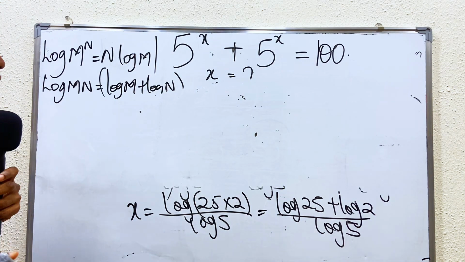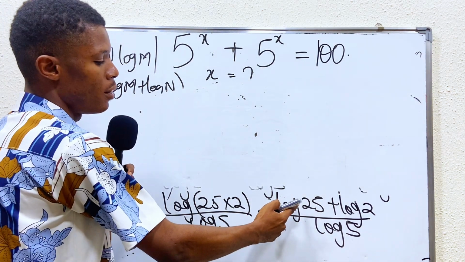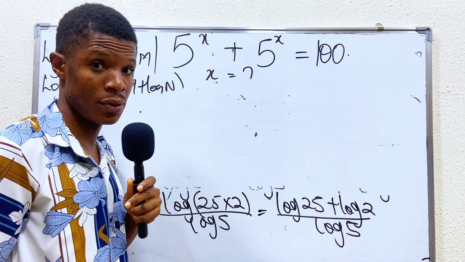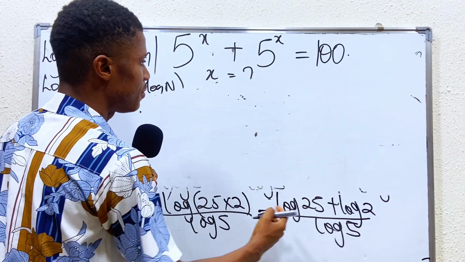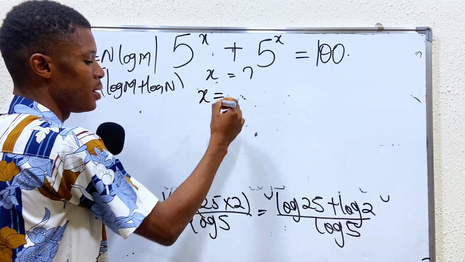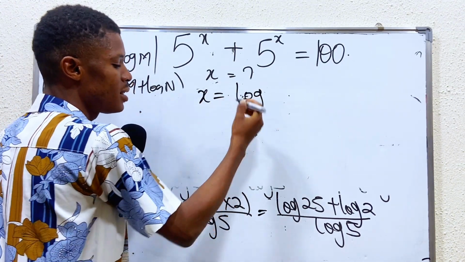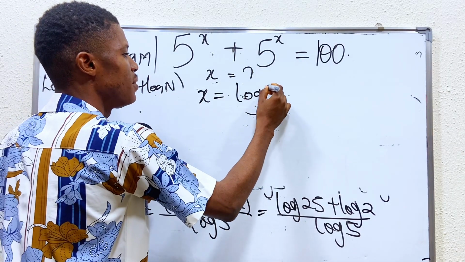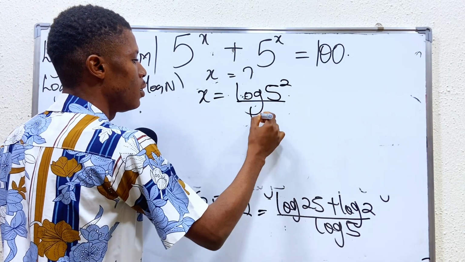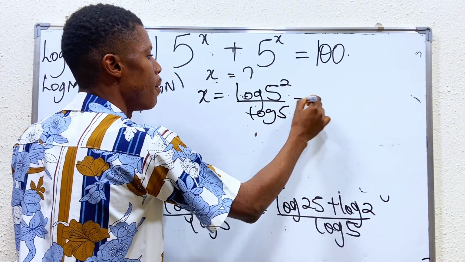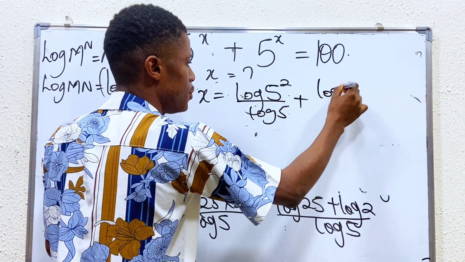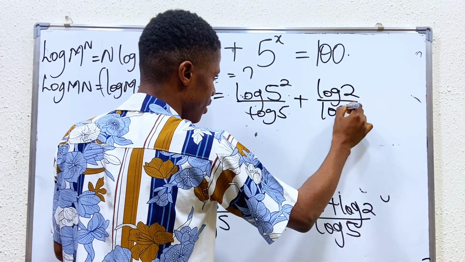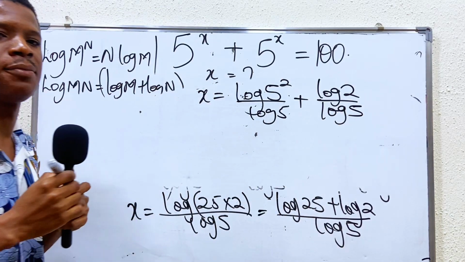Okay? If we have this, we can now see that 25 can be seen as 5 squared, right? So we split the fraction. Our x will now be equal to log of, instead of writing 25, I'm going to write 5 squared. So I have log of 5 squared over log 5 plus log of 2 over log 5. Good.